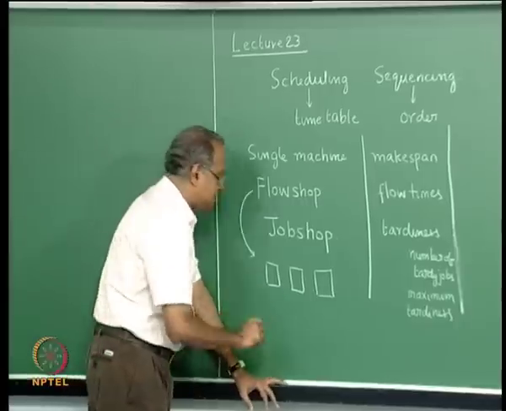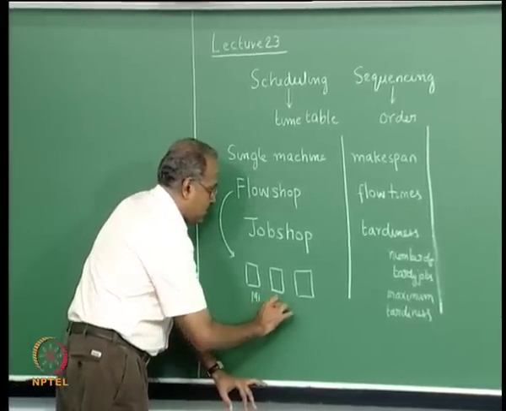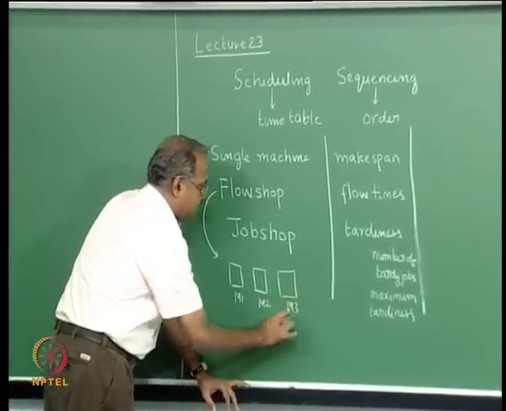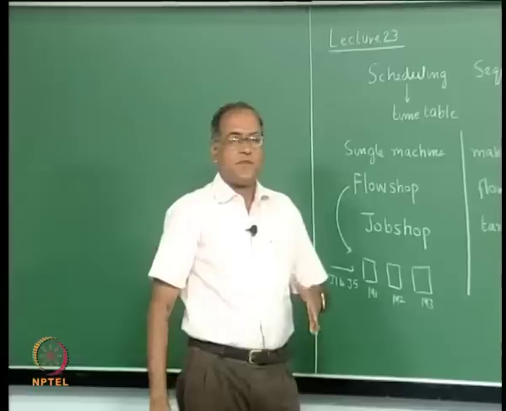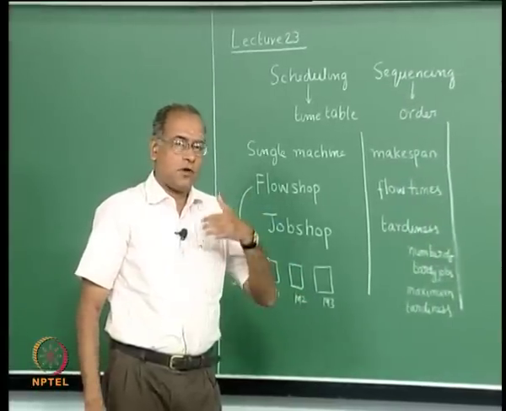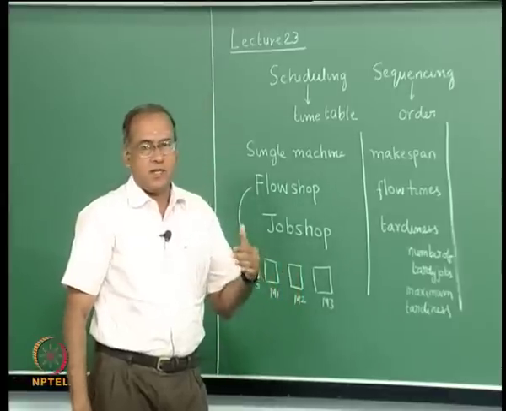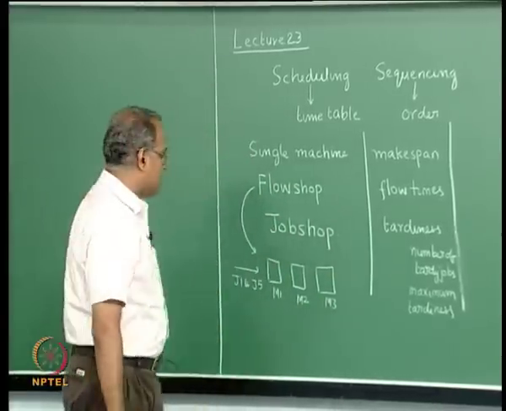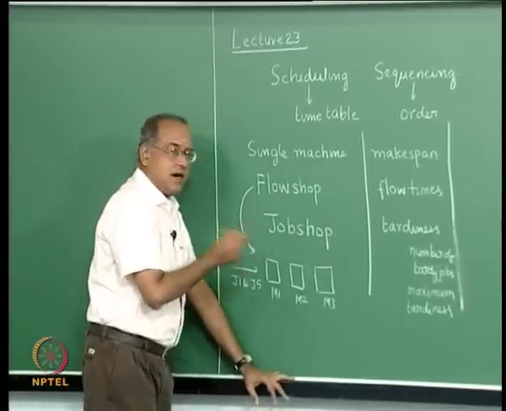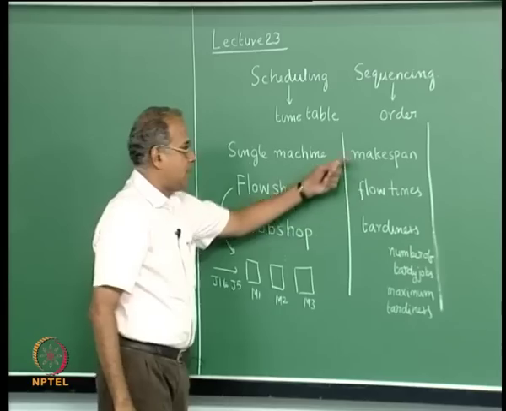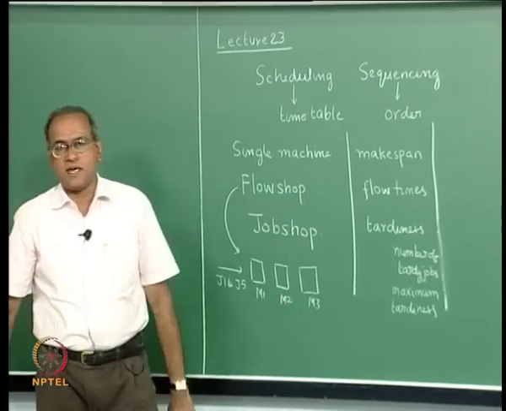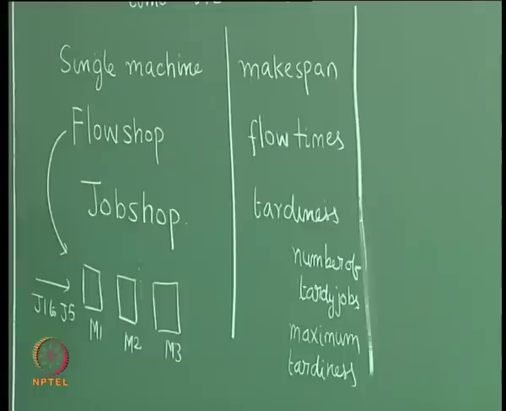So, if there are 3 machines, we call them M1, M2 and M3, and if there are 5 jobs J1 to J5, all the jobs J1 to J5 will visit M1 first, followed by M2, and then they will visit M3. So, the question is what is the order in which these jobs have to be sequenced such that any one of these objectives or a given objective is minimized.